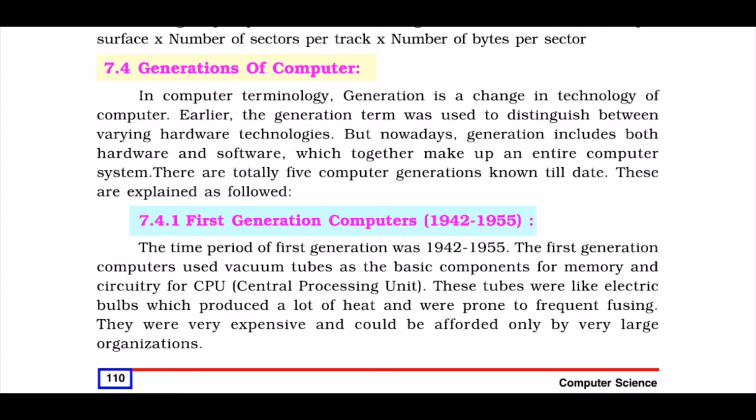As the technology improved, various hardware came in. When hardware was developed, we used to say we have a new generation. But today, generation includes both hardware and software, which together make up an entire computer system. There are totally 5 computer generations known to date.